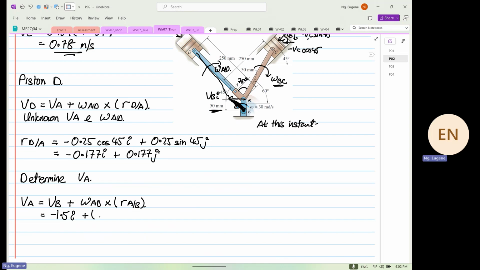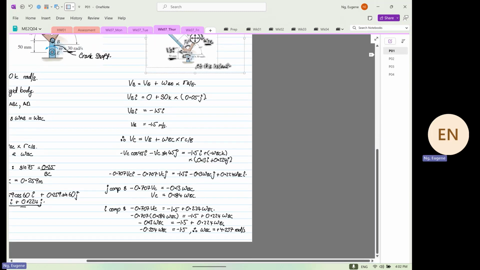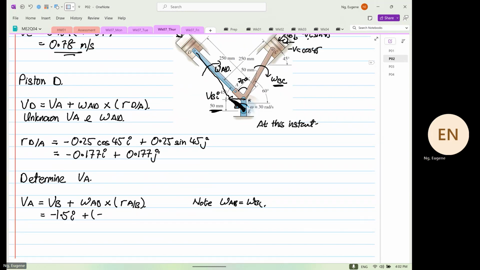And then plus minus omega AB. We know omega AB, right? Note that omega AB is equal to omega BC, which is minus 4.237 k, cross R AB.